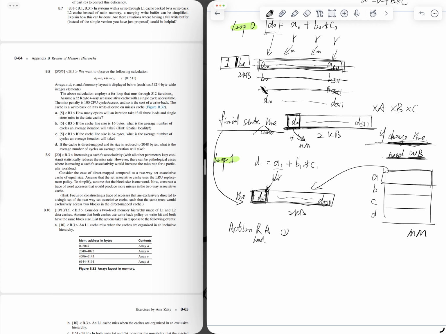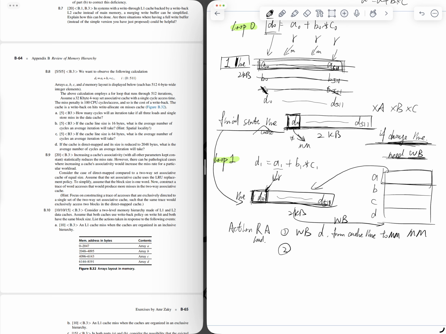But firstly, we need to write back the D from the cache line to main memory, right? So we will put this line back to the main memory, that is write back.